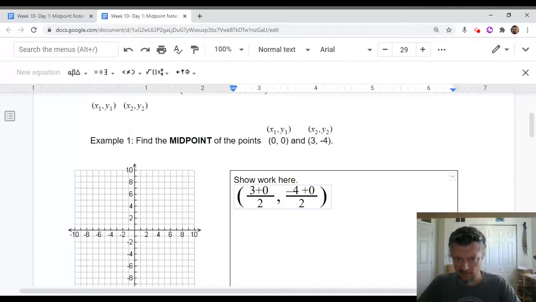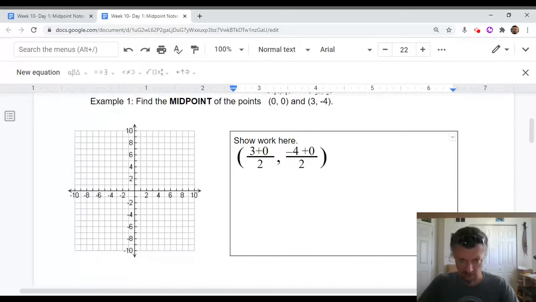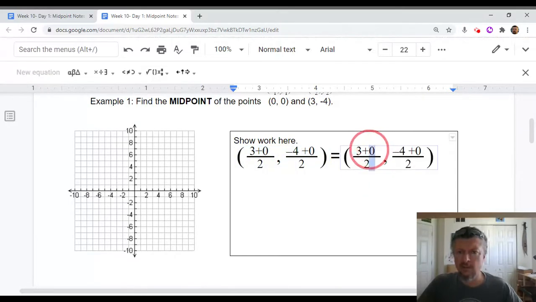Now what we're going to do is we're going to simplify this. So let's see if I have enough room to do it horizontally. I'm going to just copy this again. And 3 plus 0, you know what 3 plus 0 is. It's 3. And negative 4 plus 0 is negative 4.